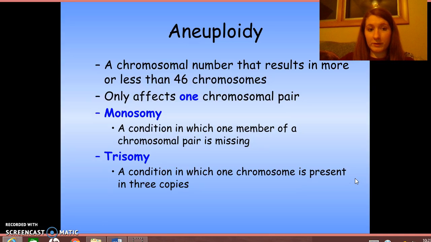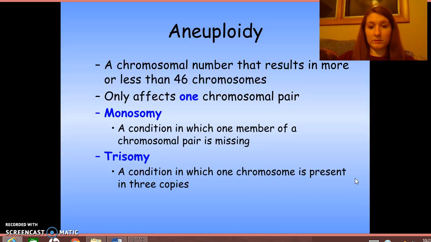An aneuploidy is a chromosome number that results in more or less than 46 chromosomes, and it only affects one chromosomal pair. So it's not going to be an extra of all 46. Say if you had an extra of chromosome 1, you would have an extra of that one chromosome. These two examples are monosomy and trisomy.